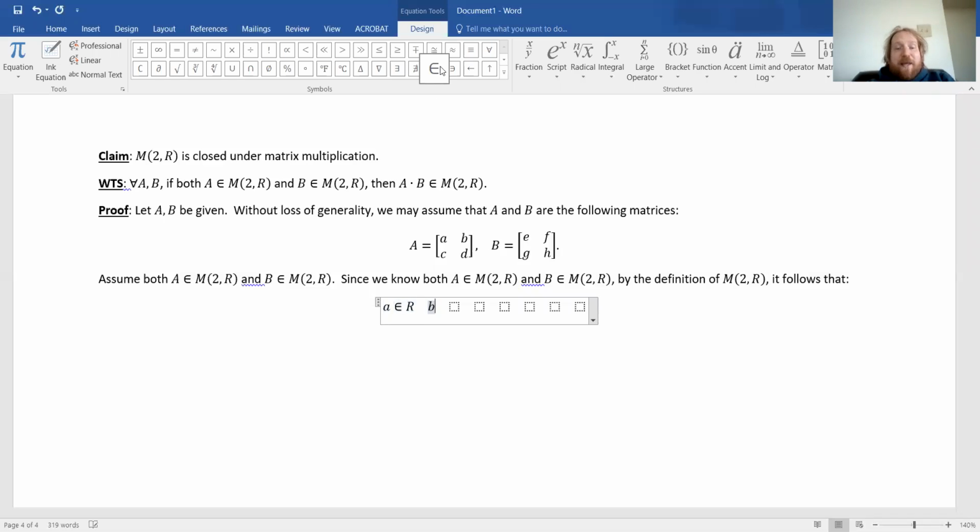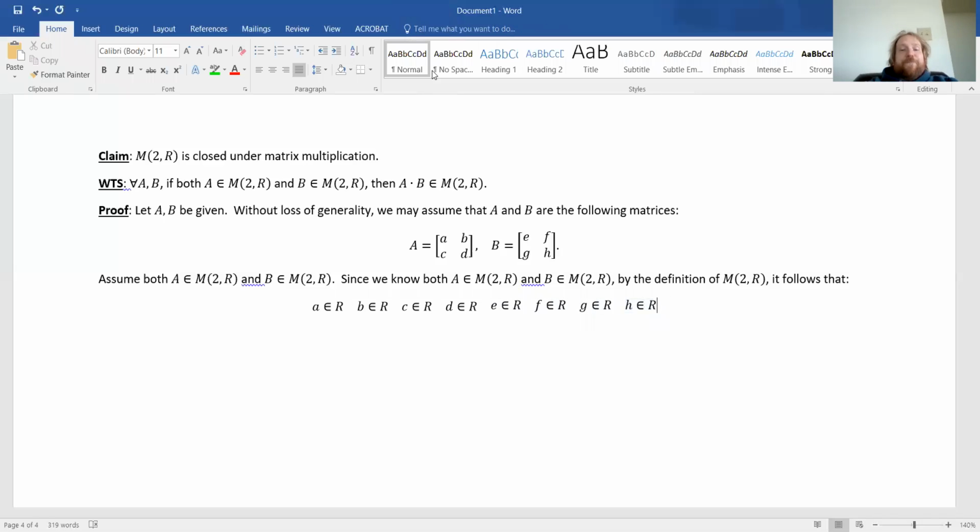So we know that A is a member of the reals, B is a member of the reals, C is a member of the reals, D is a member of the reals, from the matrix A being in M2R. Then we know E is a member of the reals, F is a member of the reals, G is a member of the reals, and H is a member of the reals, from the matrix B being in M2R.